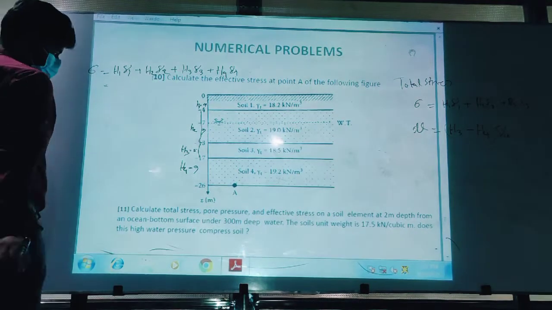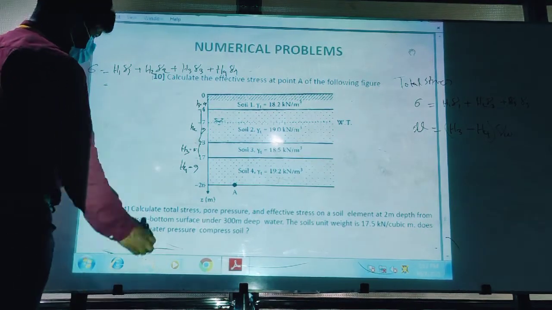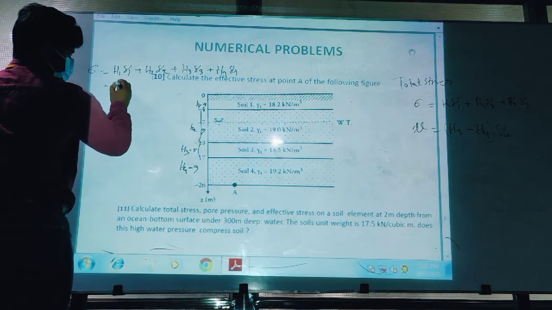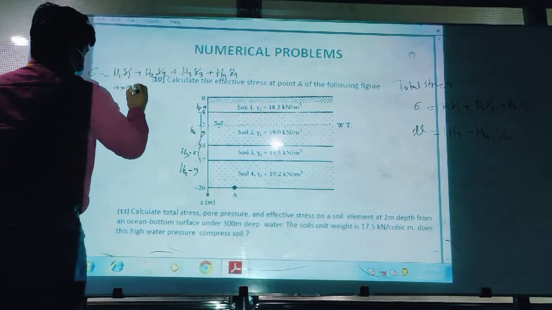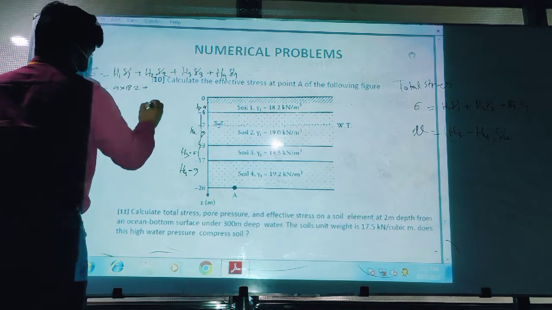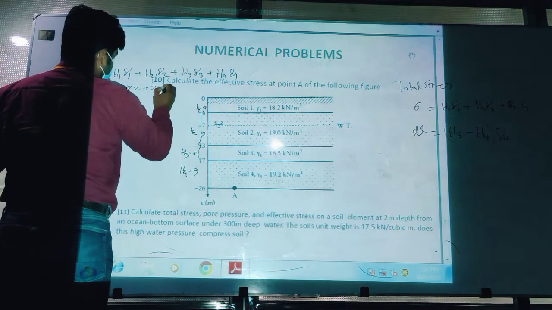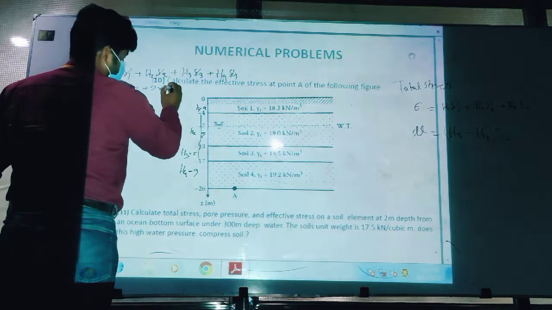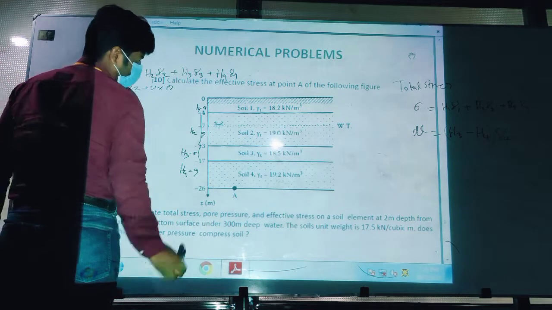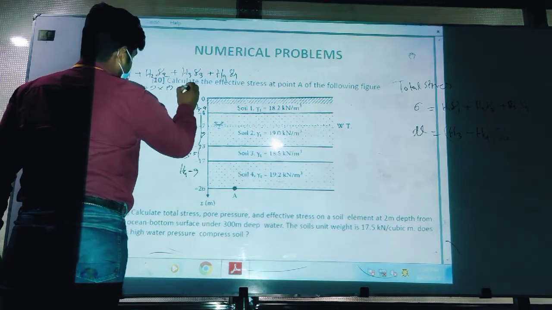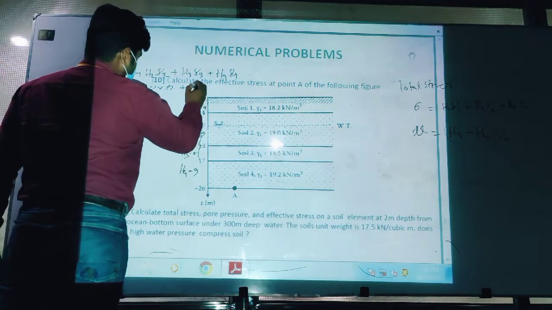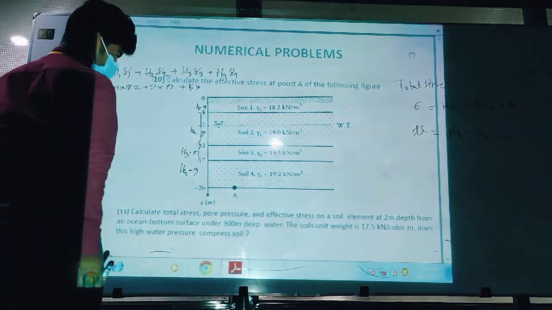They have the value H1 4 into gamma 1, gamma 8.2 plus H2 9 into unit of soil 90 millimeter plus H3 value is 5 into.